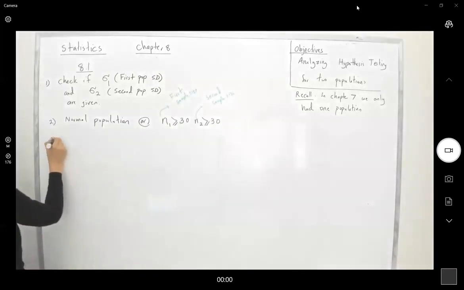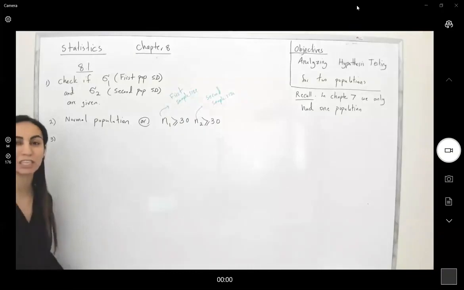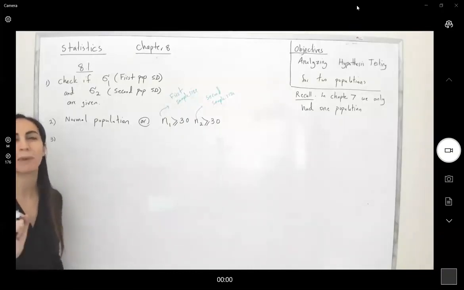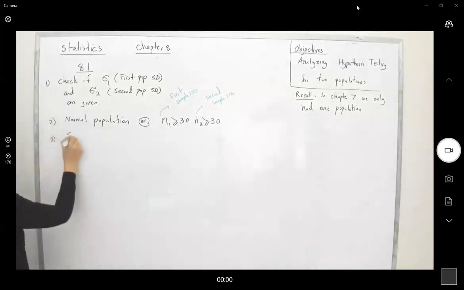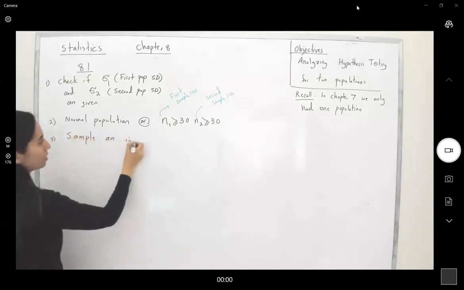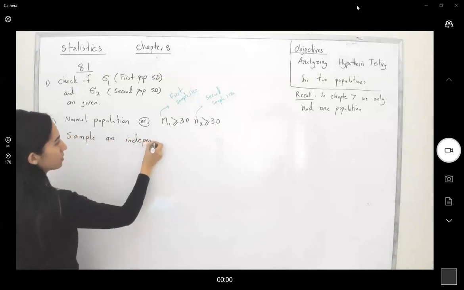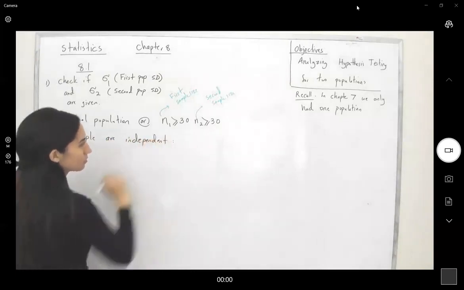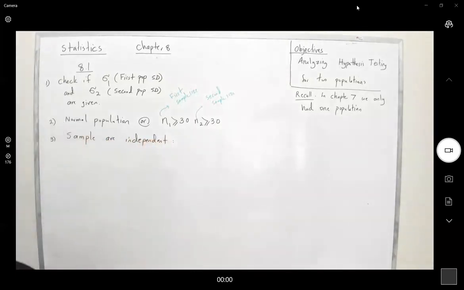So now we have to check to see if samples are independent from each other or not. Well, what do we mean by that? It means that samples selected from one population are not related to the samples selected from the second population.